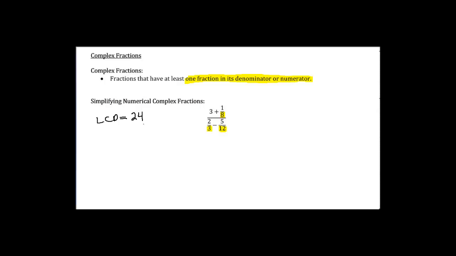And so I'm going to multiply the numerator and the denominator by 24. Remember, I'm multiplying the top and the bottom, so I still have an equivalent fraction here. I'm actually going to write this out when I multiply so that we won't get confused.